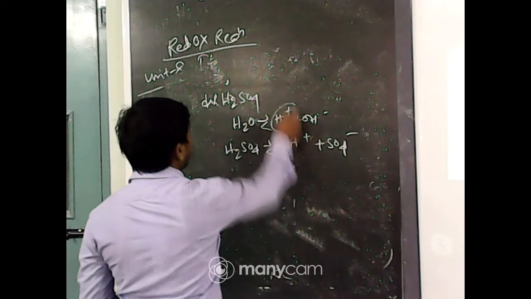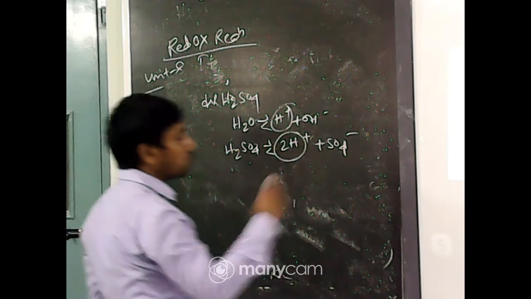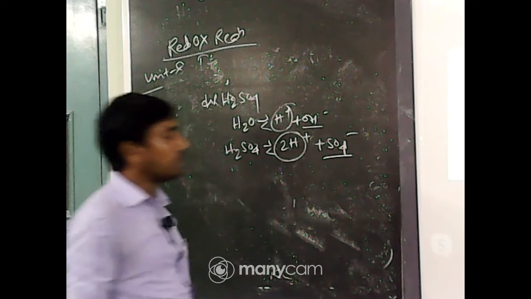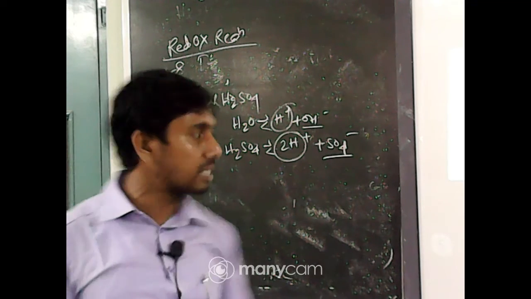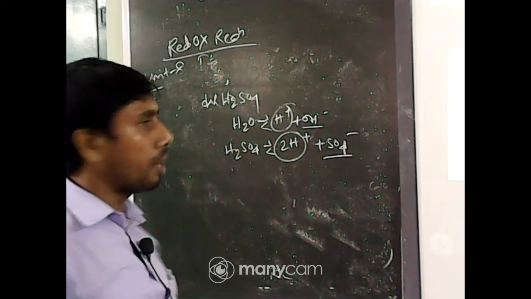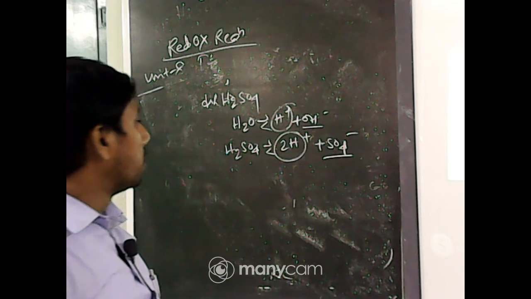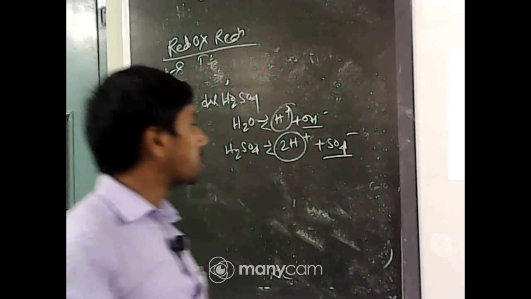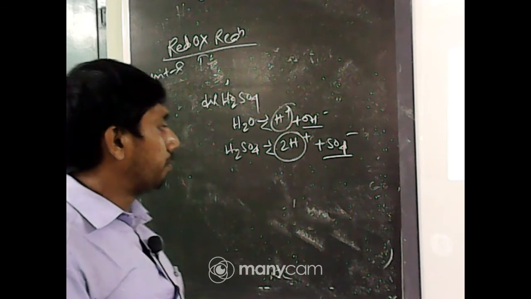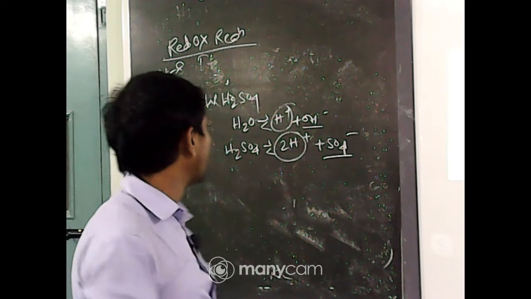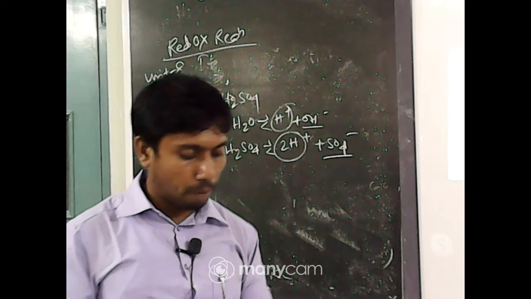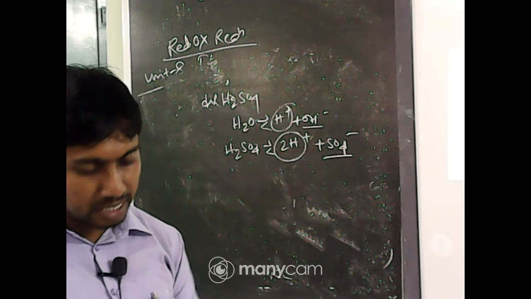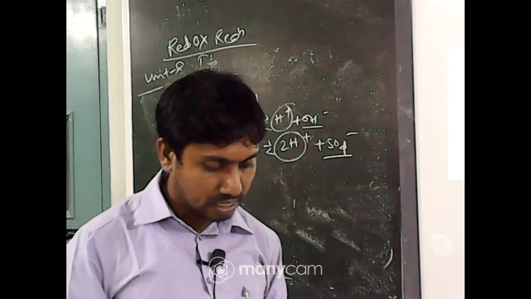So here only H plus, the cation, goes to the cathode, and between OH minus and sulphate there is again a competition. SO4 has a large size and more discharge potential, so OH minus will discharge at the anode. In this way we can solve problems regarding the electrolysis of an aqueous solution of silver nitrate or dilute H2SO4, etc.